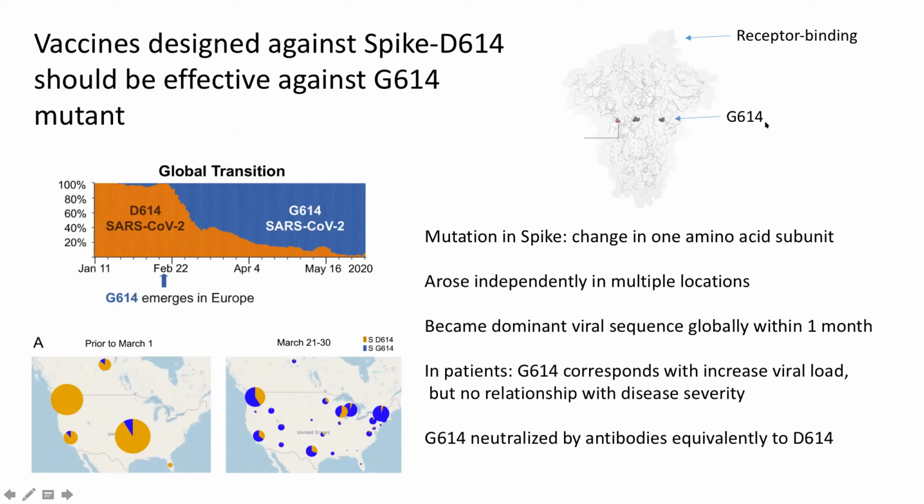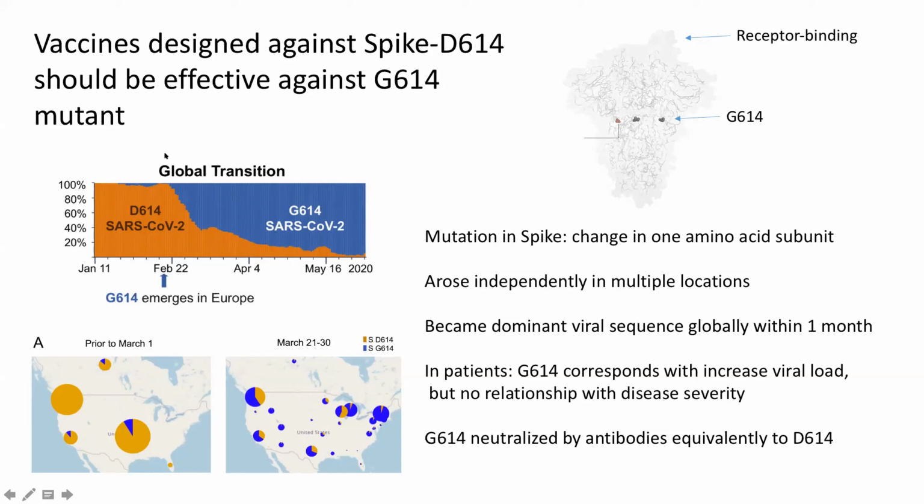The original virus that was identified in China had a D subunit at the 614 position. Then as the virus spread, there was a mutation in the spike that had a G subunit at this 614 position.